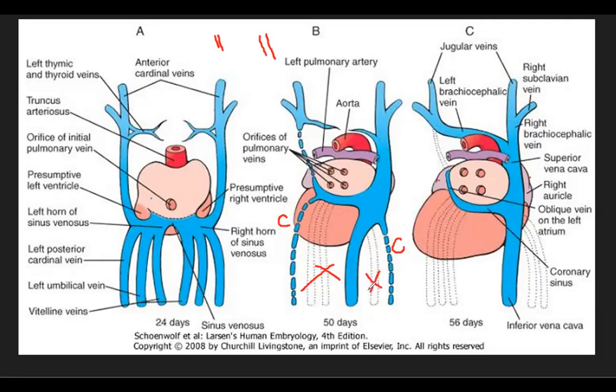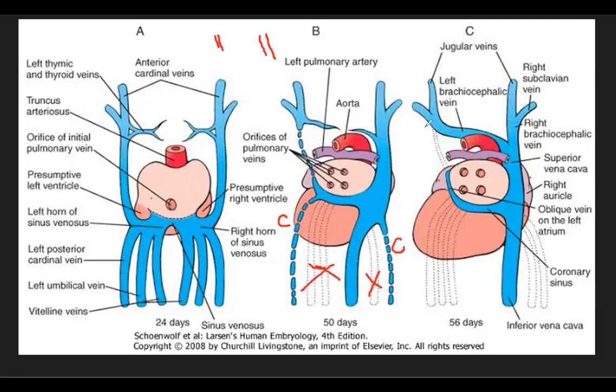So here we assume that in this picture, the connection of the mother and the baby is cut. Okay, and now the baby is all on its own blood supply.